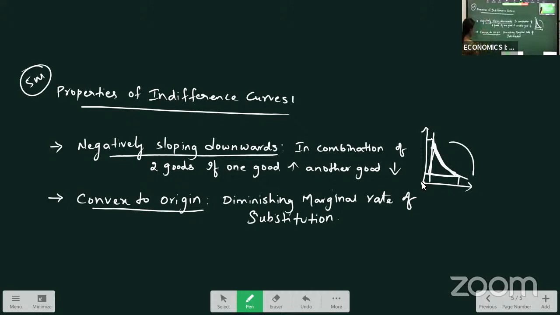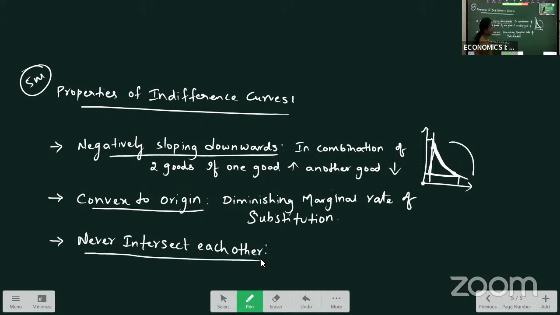Okay. Now, the next property here is the indifference curves will never intersect each other. Why will our indifference curves never intersect each other?